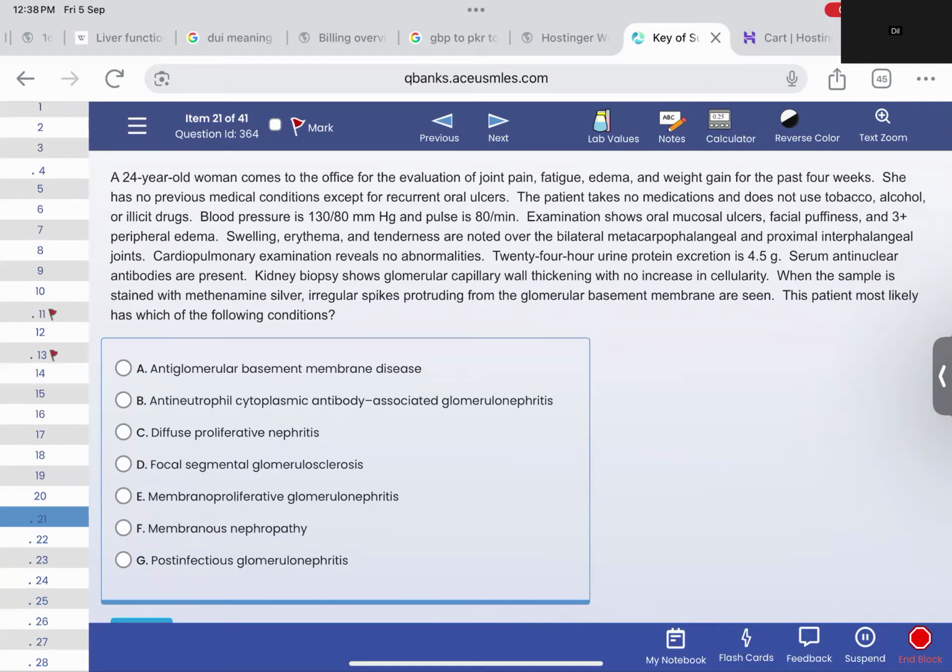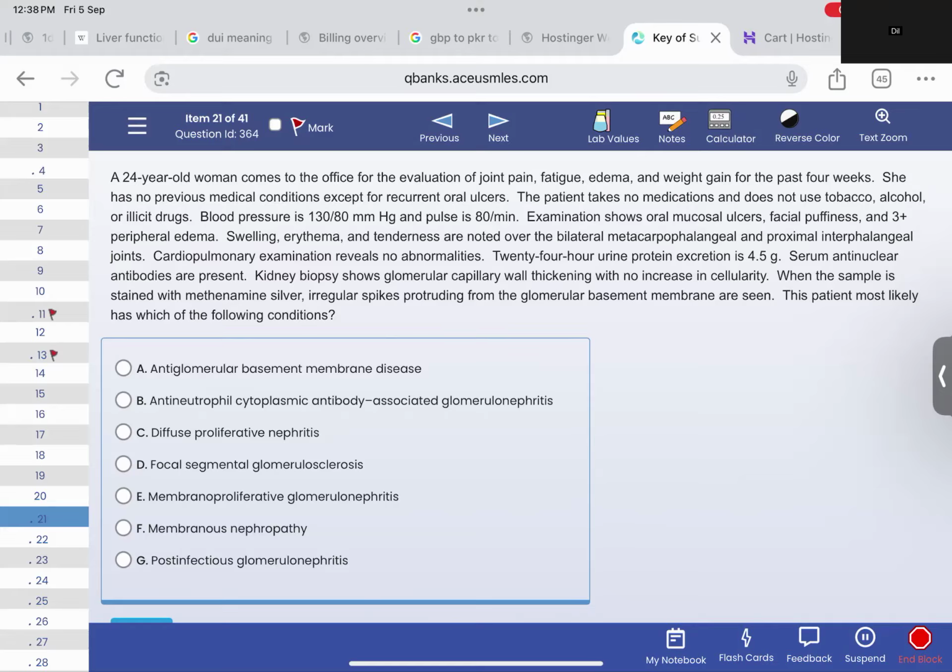Blood pressure is 130/80 and pulse is 80. Examination shows oral mucosal ulcers, facial puffiness, and 3 plus peripheral edema. Swelling, erythema, and tenderness are noted over the bilateral metacarpophalangeal and proximal interphalangeal joints. Cardiopulmonary examination reveals no abnormalities.